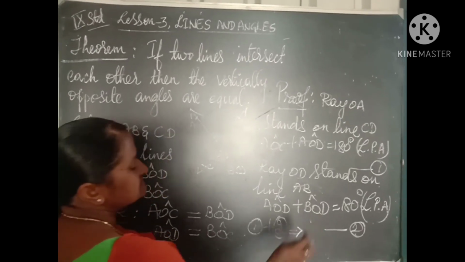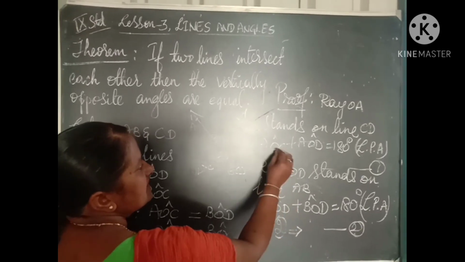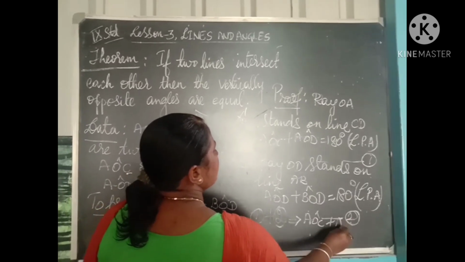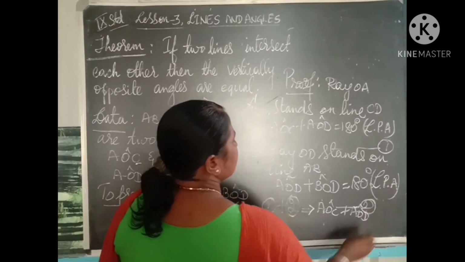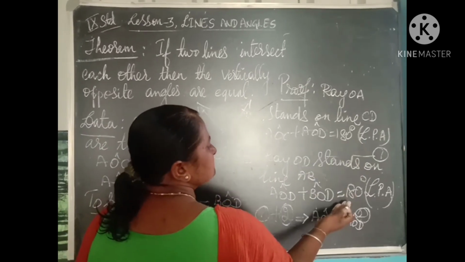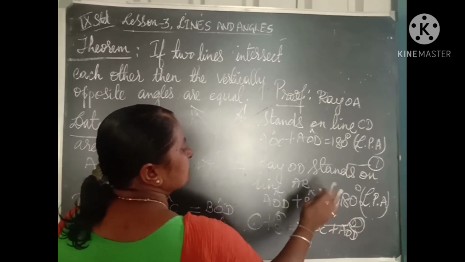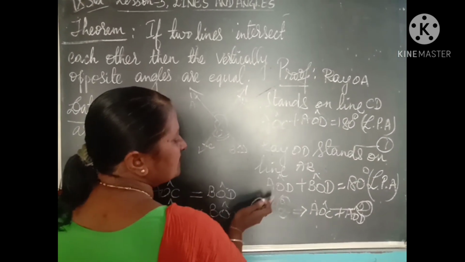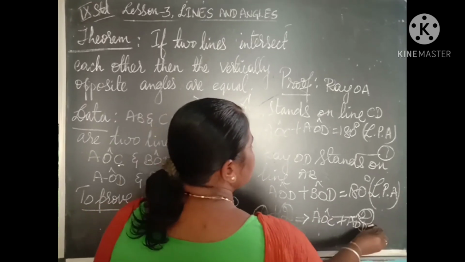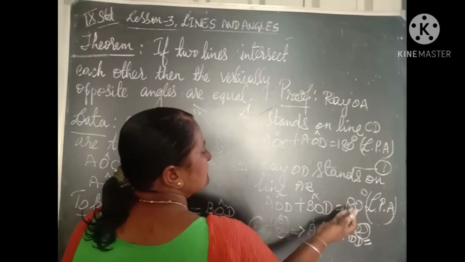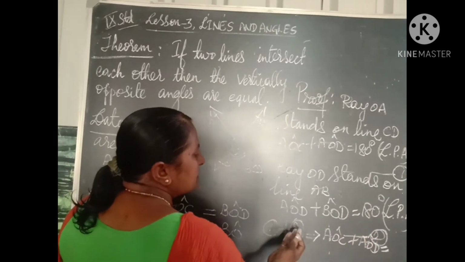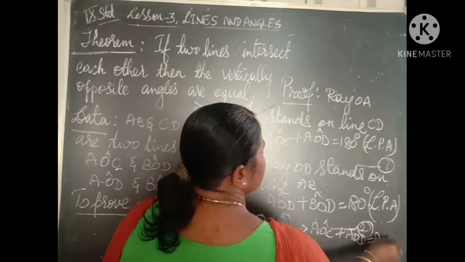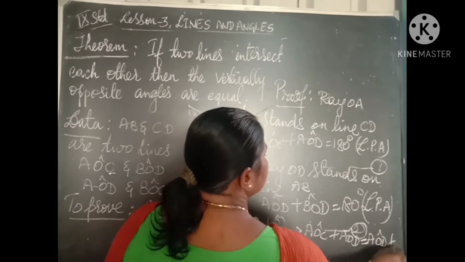From equation 1, AOC plus AOD is equal to 180 degrees, and AOD plus BOD is equal to 180 degrees. Since the right hand side of both is 180 degrees, we can equate them. So AOC plus AOD equals AOD plus BOD.